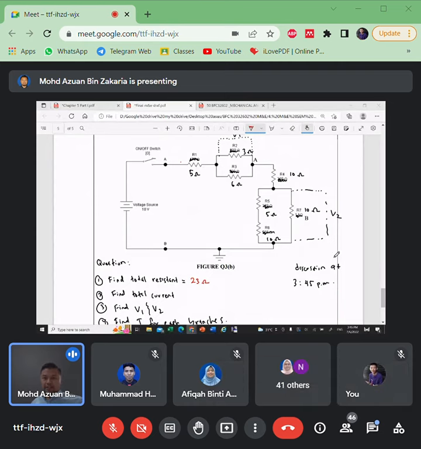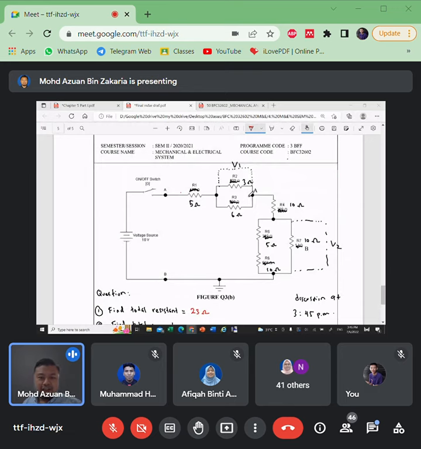Do you want to double check? Okay, let's double check. Alright, here is R1, 5, and then at the parallel we need to solve this. Because only two resistances, we can use this equation. So 27 divided by 9 equals 3. So this one is 3, and then 4, and then here this is 10, 10, 5, right? You have to combine this first.